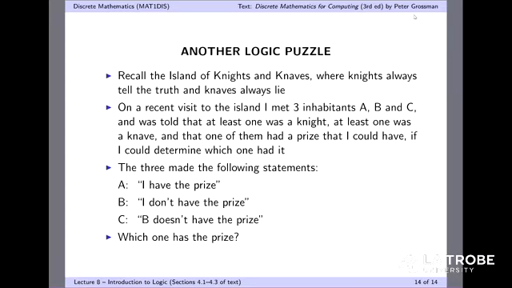Who was the one that said that there was at least one knight and one knave? It's in the question. It's a fact. Yeah, okay. So it says there's at least one knight, at least one knave, and at least one person has a prize.